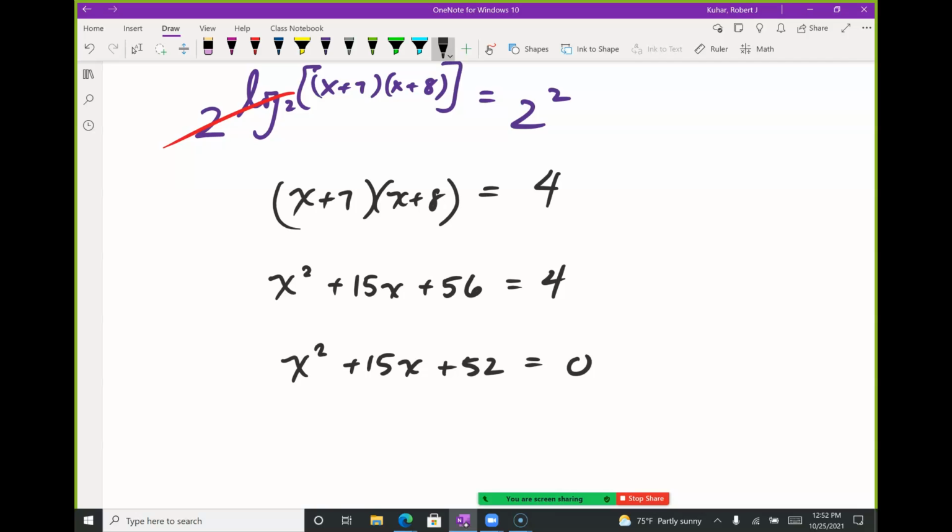And I'm just trying to find a product of 52 that adds to 15. I don't know if I can think of it in my head. So 52 is 1 times 52, 2 times 26. Does 3 go in? No. Does 4 go in? Yes, 4 times 13. Does 5 go in? No. Does 6 go in?